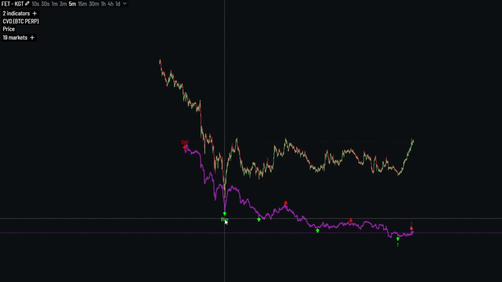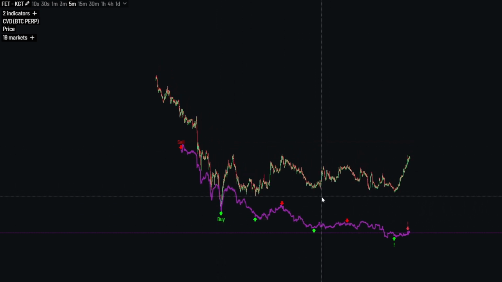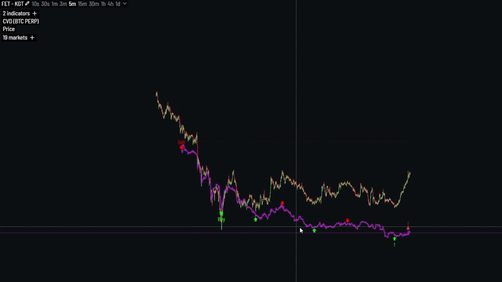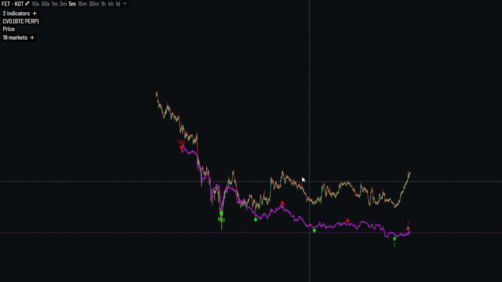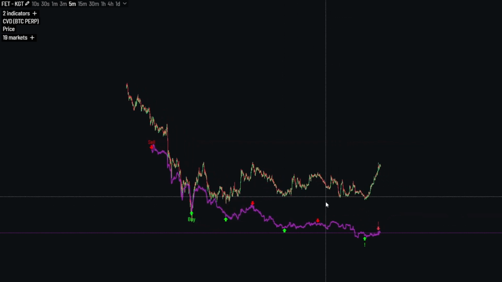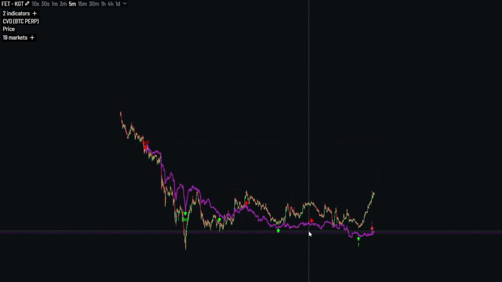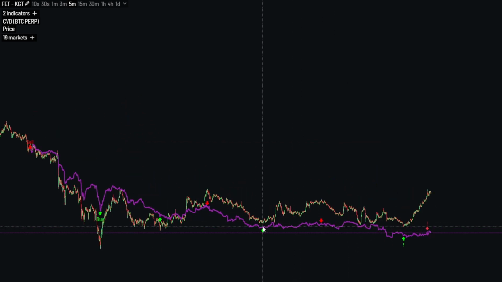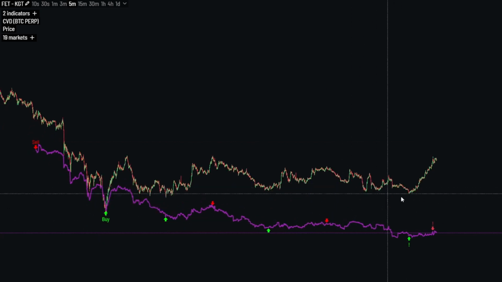And if we take a look on the KGT for FET here, we can see we have the buy signal so far. We have some divergence in bullish. As you can see, some higher prices are unfolding, but at the same time we saw some bearish signals coming as convergence here in the tops, which are convergence with the CBDs bringing us lower. But once we get lower here, it's not really divergence, because this low has been taken here.